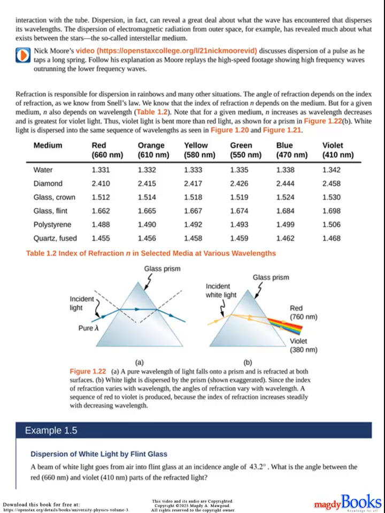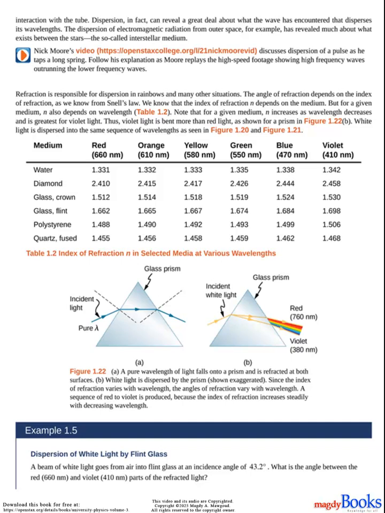3. Glass, crown: red, 1.512; orange, 1.514; yellow, 1.518; green, 1.519; blue, 1.524; violet, 1.53. 4. Glass, flint: red, 1.662; orange, 1.665; yellow, 1.667; green, 1.674; blue, 1.684; violet, 1.698. 5.